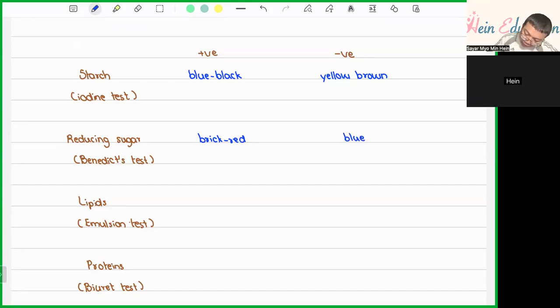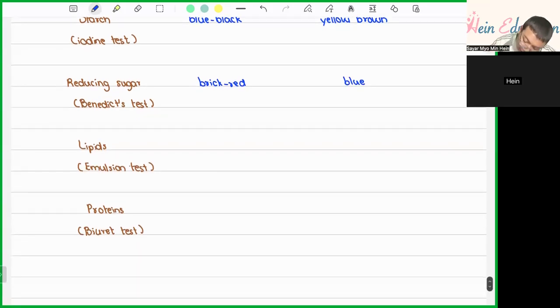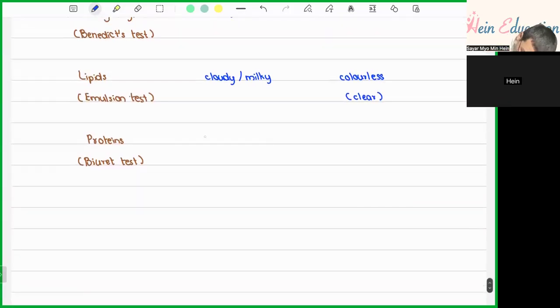For lipids, if it is positive, we will see a cloudy or milky layer, like an emulsion. If it is negative, it will be colorless or a clear solution. And for the last one, protein, if it is positive, you will observe a purple or violet color. If it is negative, we will observe blue.